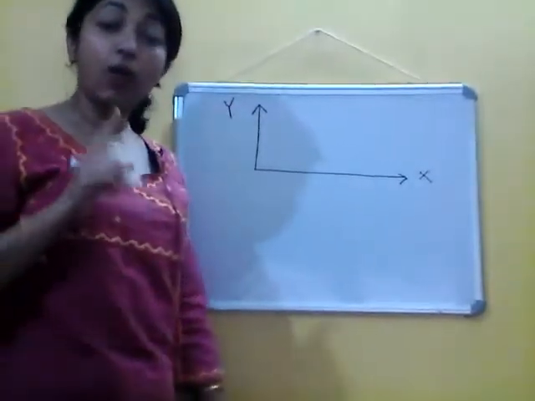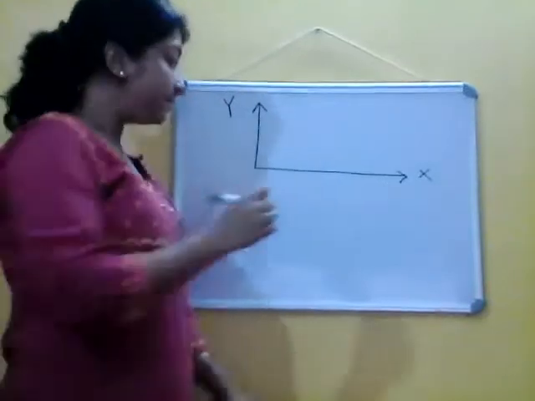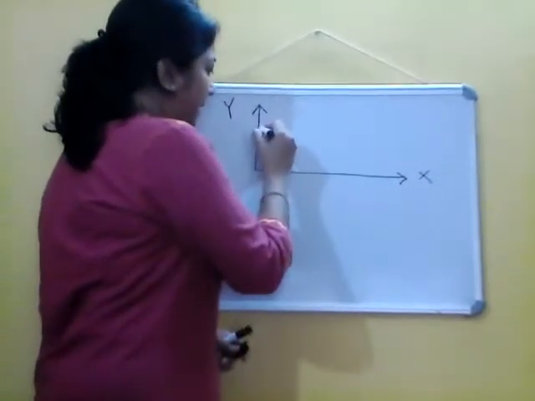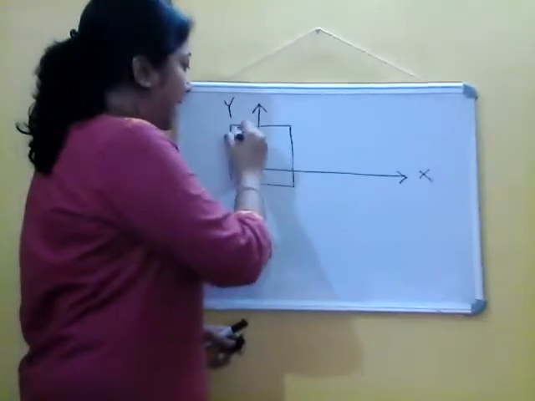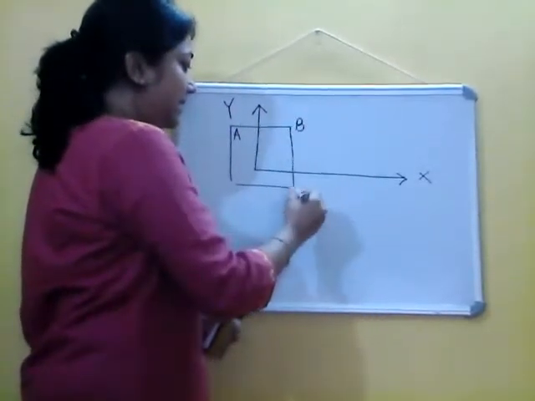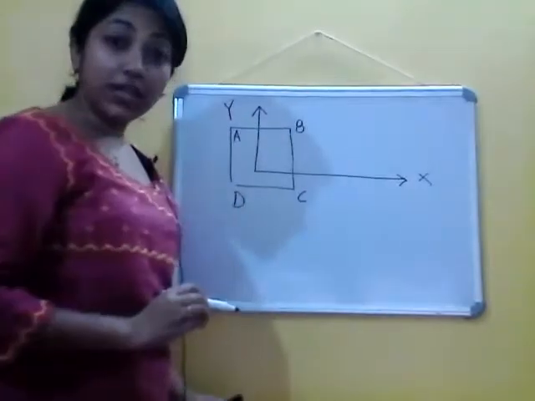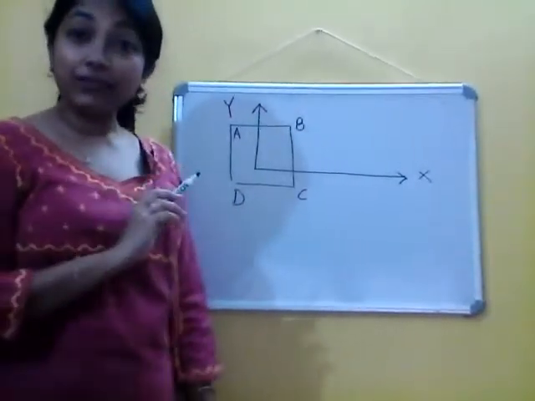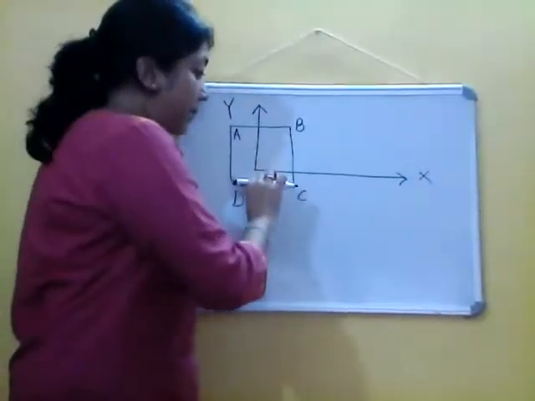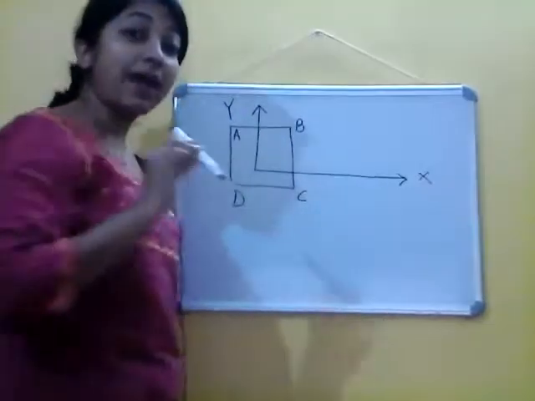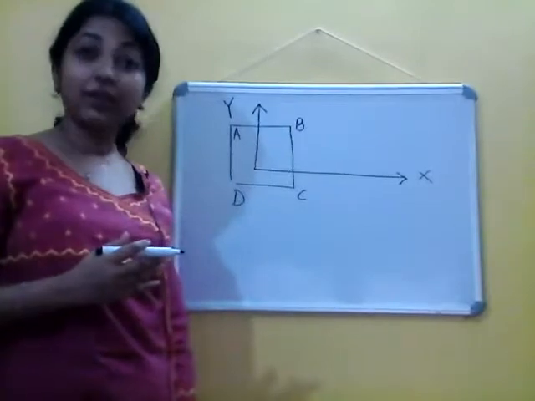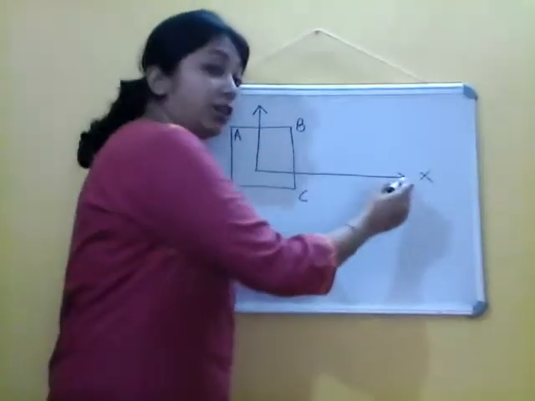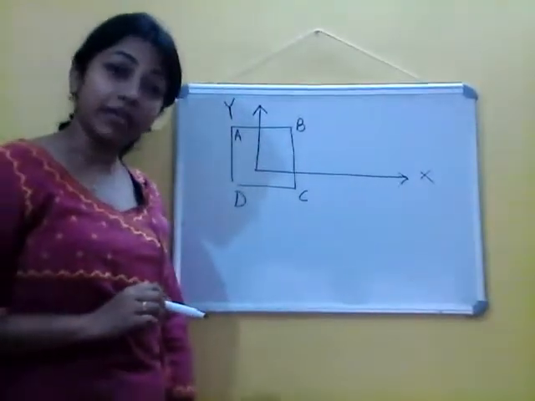In this scenario, all of you please note this, that I can draw a particular plane, say ABCD, which is this plane that I have drawn over here, which is parallel to the y-axis, parallel to the direction of the oscillation or vibration, and is perpendicular to the direction of propagation.